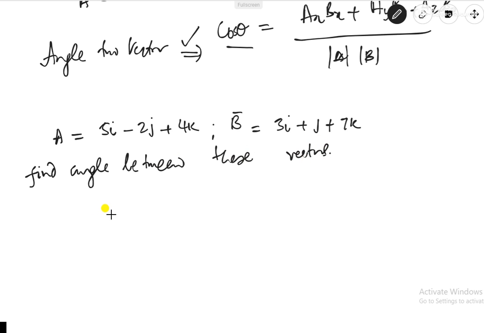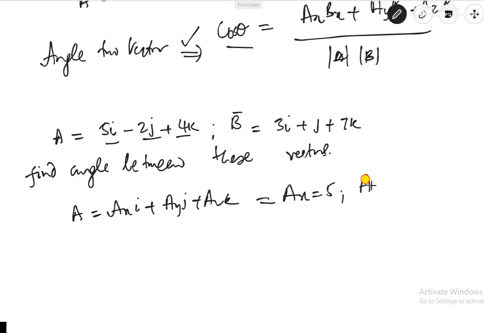So we know that A is equal to Ax i plus Ay j plus Az k. Here, comparing these two, Ax is equal to 5, Ay is equal to minus 2, and Az is equal to 4.